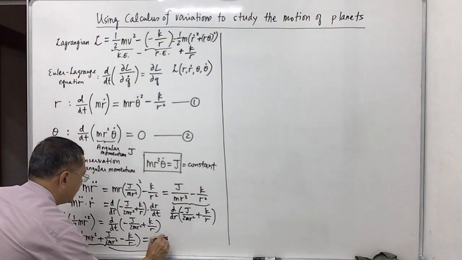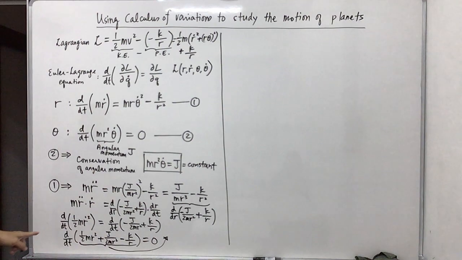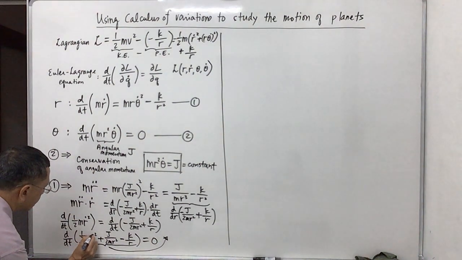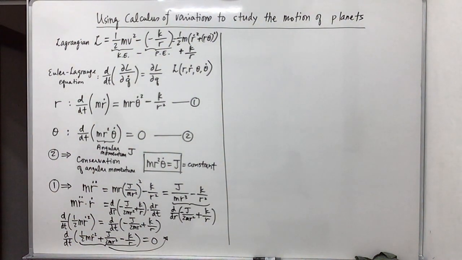Now observe it carefully. We've got half m r dot squared. r dot is what we call the radial velocity, the speed along the line joining the planet and the sun.